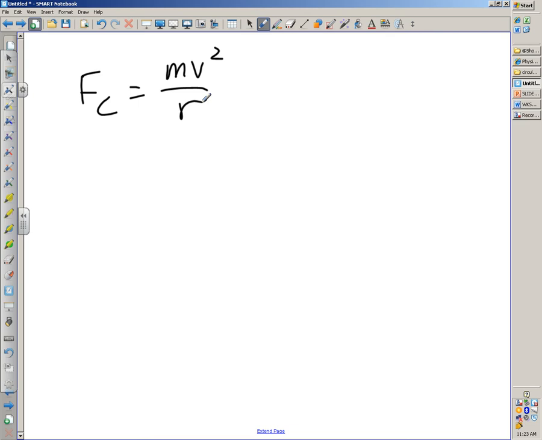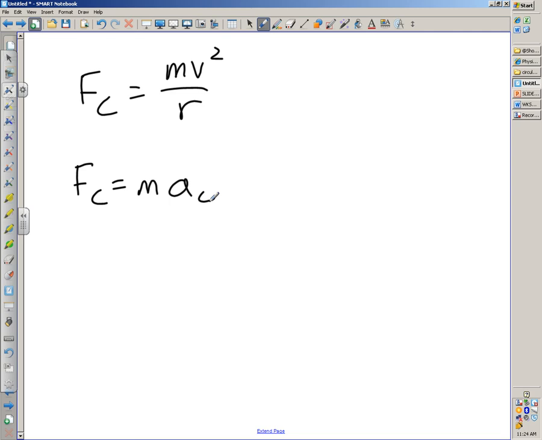We actually did this in reverse order. If there's an object that has a force on it, Newton's second law tells us that the force is proportional to the mass of the object times its acceleration.